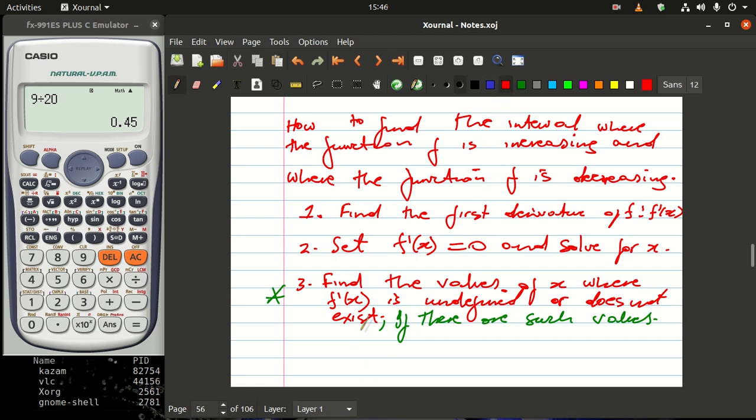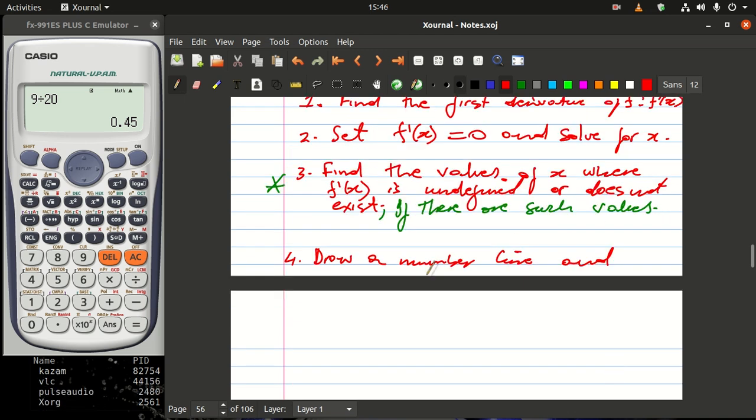And then the fourth thing that you need to do now, you draw a number line and mark the critical values.